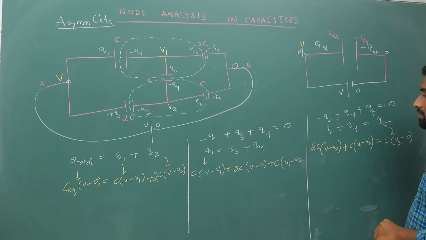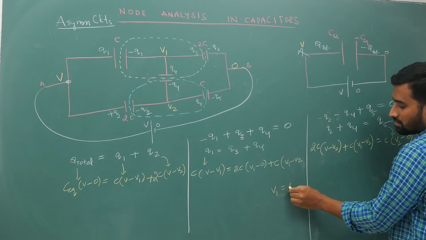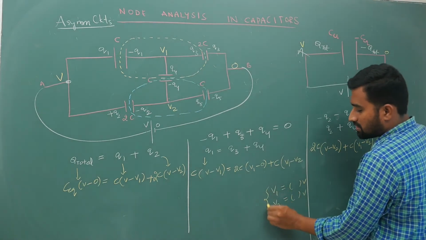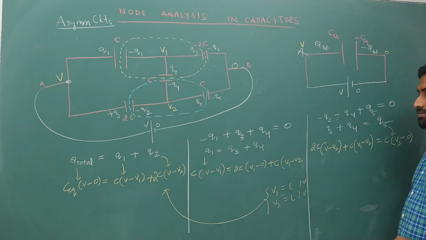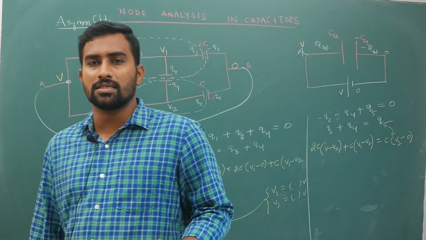Now you are going to get V1 as some function of V and V2 as some function of V, and you just replace these two back into this equation to get your C equivalent in terms of C. So try it for a minute. This method is the general method.